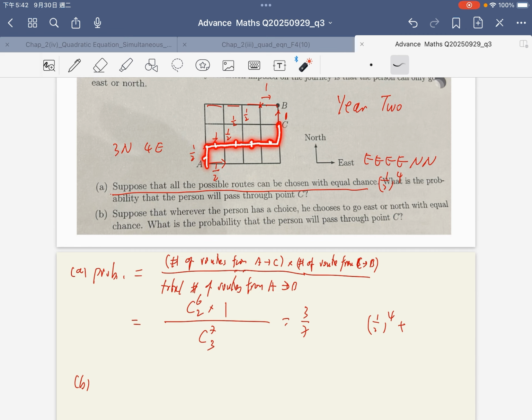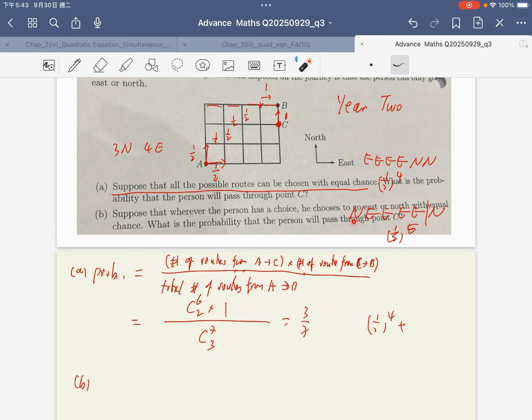It is 1 over 2 to the power 5, and the last one is north.